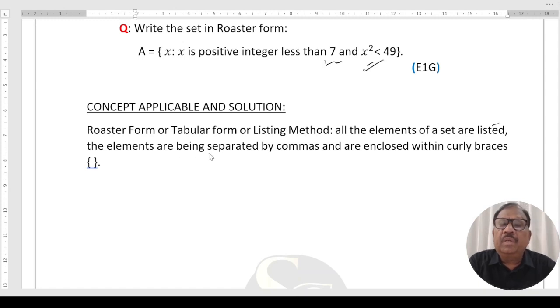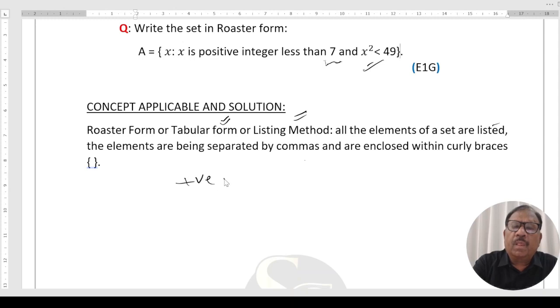The elements are separated by commas and enclosed within curly braces. Roster form's second name is tabular form, and another name is listing method. Now we have to write in roster form, which means we have to find the individual elements, put commas, and close the braces. We have to satisfy both the conditions.